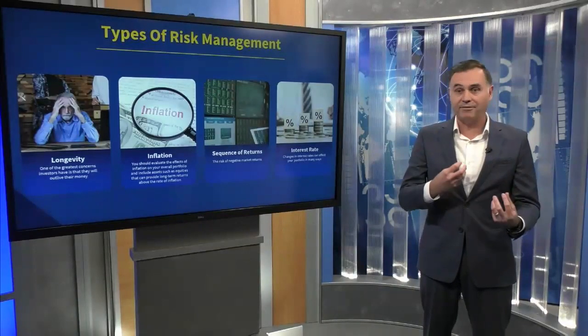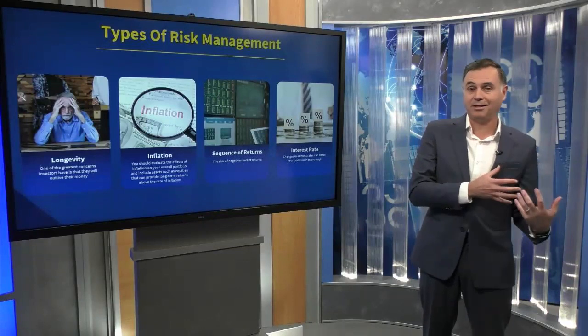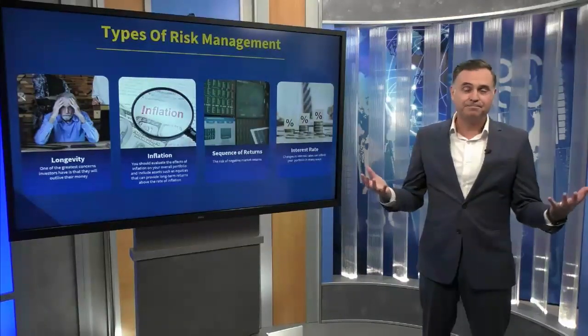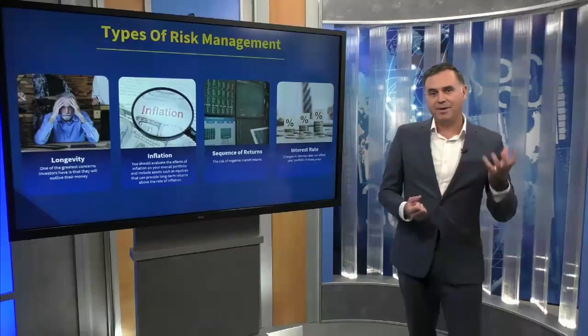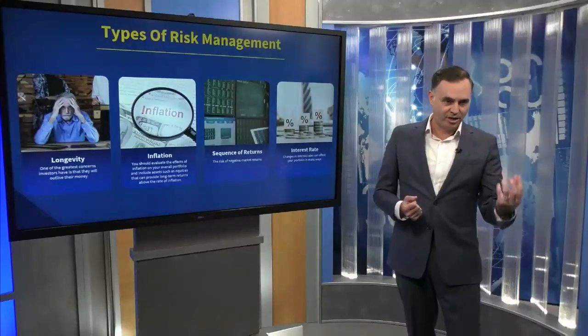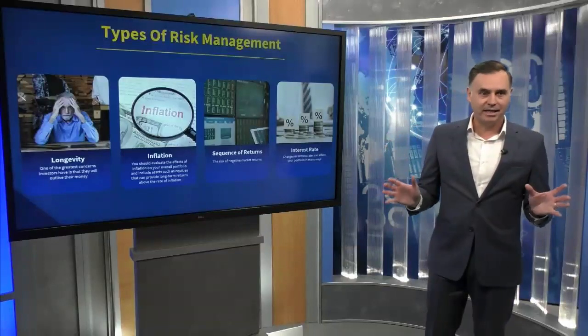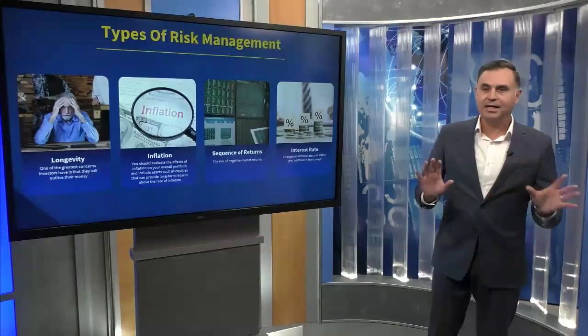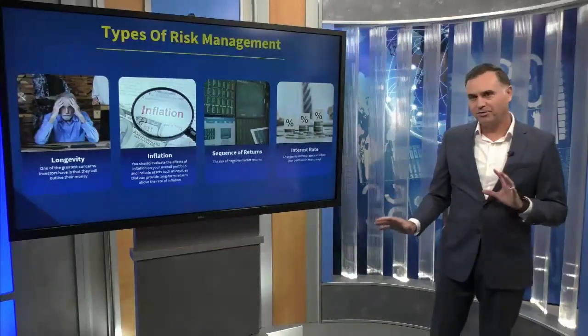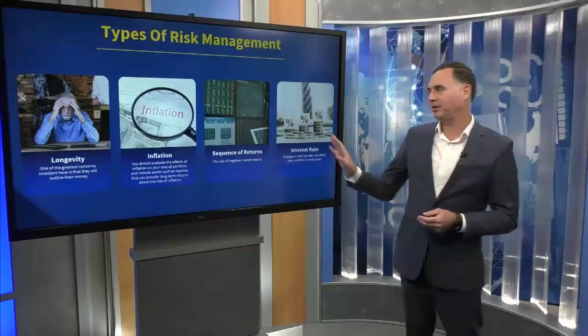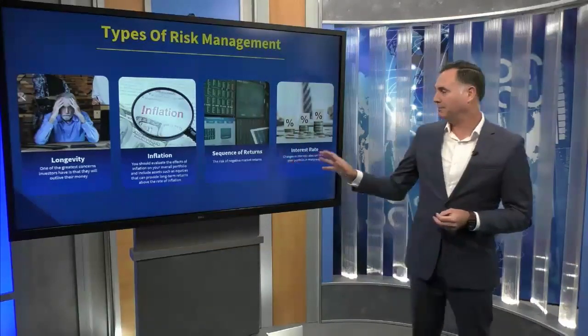That's why it's important to have 20, 30, 40, 50% in bonds, even though it's going to add a little bit of drag to the portfolio. It's very important to have a pool of money that you can use so you don't touch any stocks when they're down. That's one way to mitigate sequence of return risk. Now, each person is a bit different. Each portfolio is a bit different. So each one you're going to have to evaluate, but that's something you have to keep in mind.